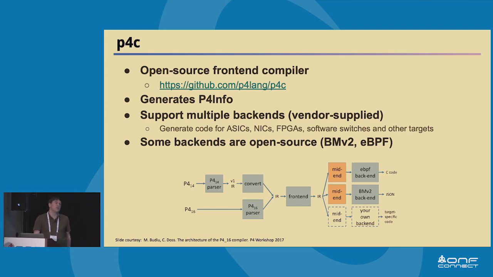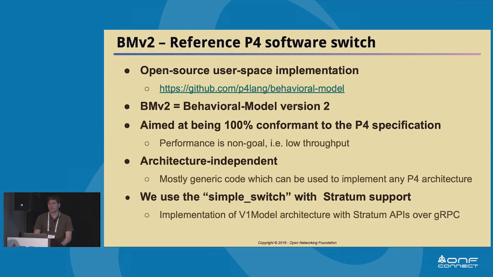So if you have a switch from Barefoot Networks or other vendor, or if you're trying to program an FPGA, then you should ask your vendor to provide you a backend for the P4C compiler. P4C provides some open source backends, like for BMV2 and eBPF, and we'll be using the BMV2 one, which produces the BMV2 JSON I showed before.